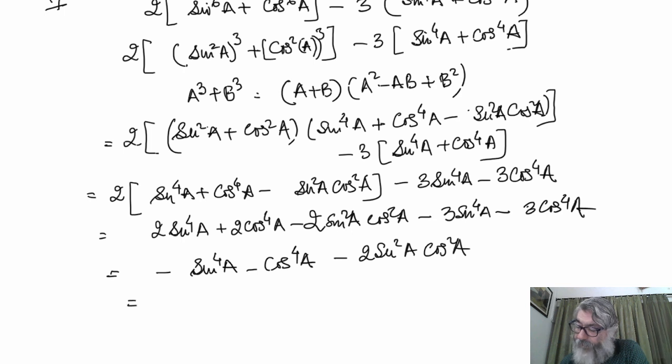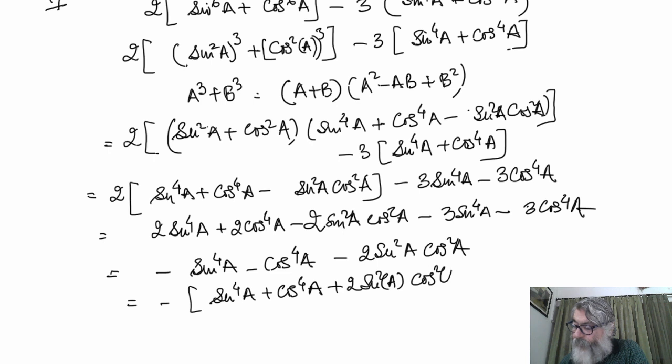If you take minus common, I'll get minus sine 4a plus cos 4a plus 2 sine square a cos square a. These kinds of mistakes which I made in between can be made very easily, and this will disturb the whole question, because at the end I'll be getting 4 sine square a cos square a, which would not have made what I wanted here to be.